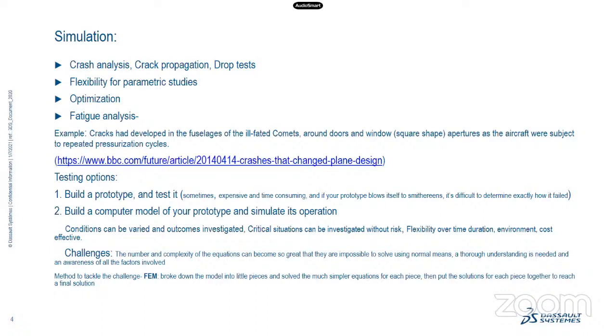I will tell you in detail when the Tosca slide comes. But topology optimization means some of the material can be removed while the stiffness is still maintained. So how will you find that optimized structure? That is not easy with an experimental setup, but with simulation it is flexible to do the optimization.